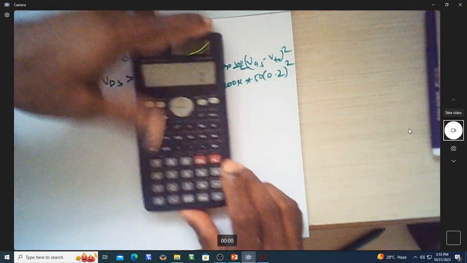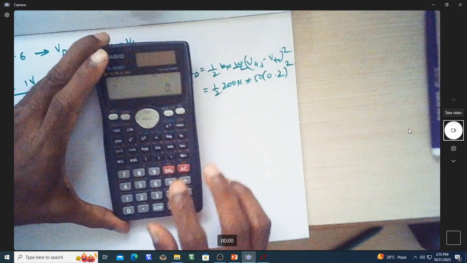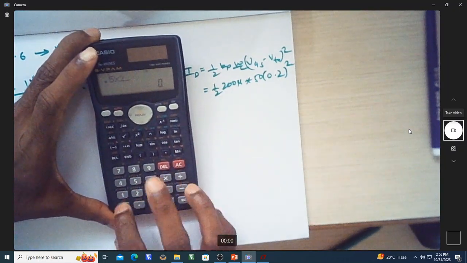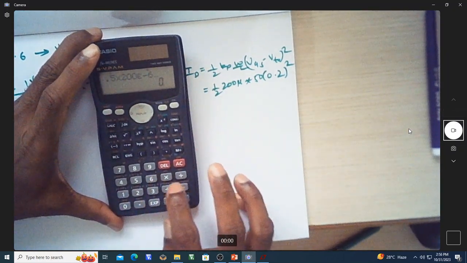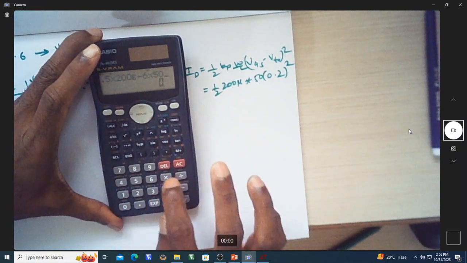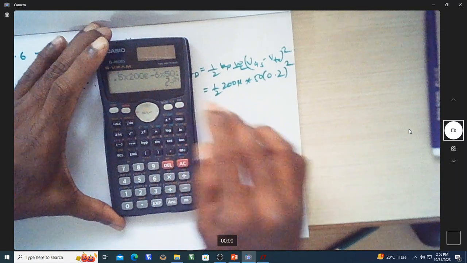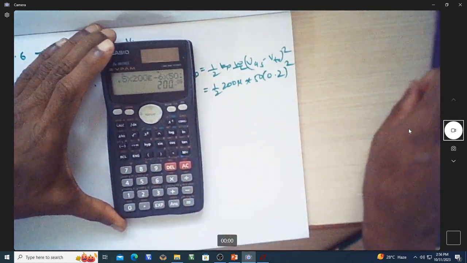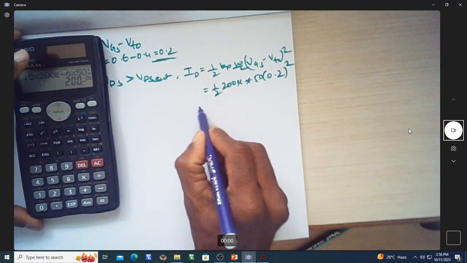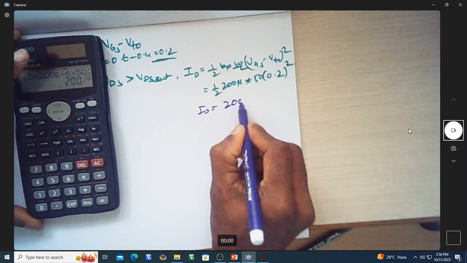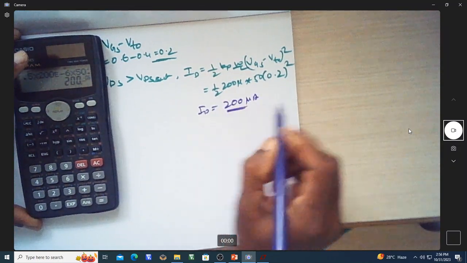Okay, now we just do the calculation: 0.5 into 200 micro into 50 into 0.2 whole square. So I should get a current of 200 microampere. So ID expected is 200 microampere.